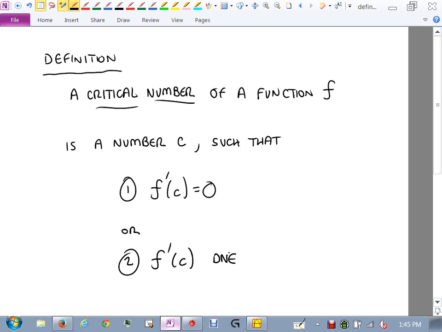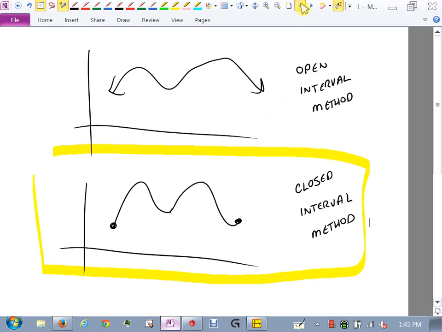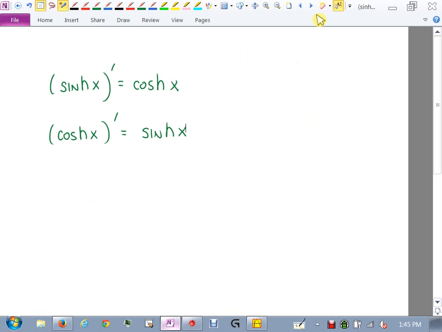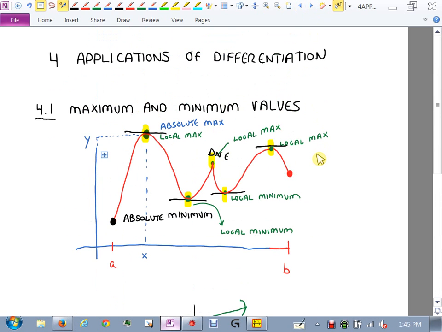Now, they're called critical numbers because they are critical in aiding us in determining these max and min values. So back to my picture. Any number where the derivative would have been 0 or doesn't exist would have been a critical number. So would you agree that this x value I just circled is a critical number? It is some value, I don't know what it is, but when I plug it into the function and take the derivative, I get 0.